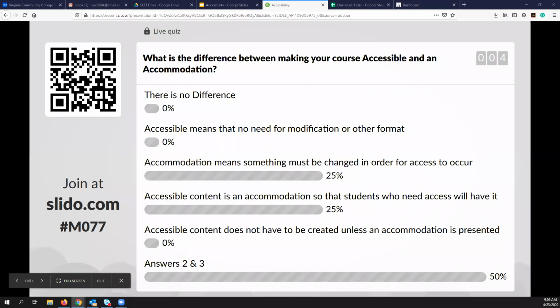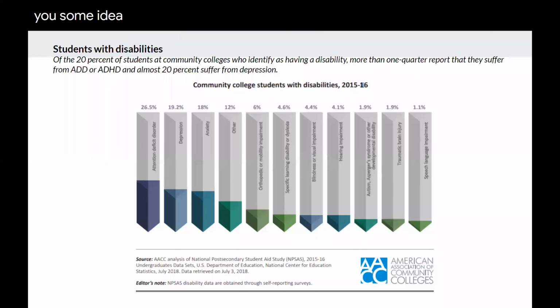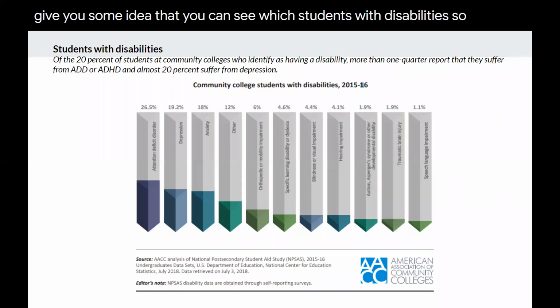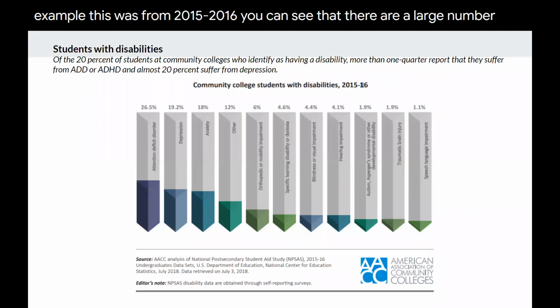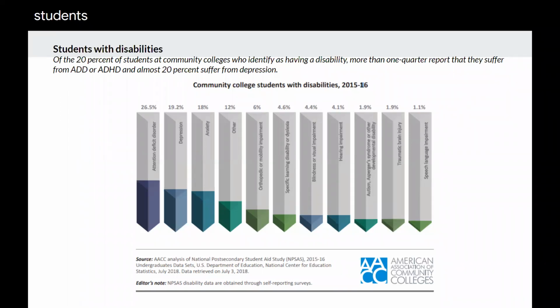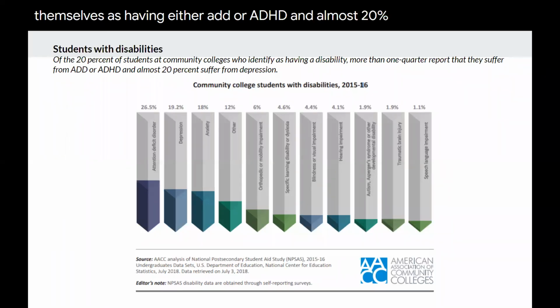This next slide is a graphic that will give you some idea of what you can see with students with disabilities. For example, this was from 2015, 2016. You can see that there are a large number of students at community colleges who self-identified as having either ADD or ADHD, and almost 20% suffered from depression.